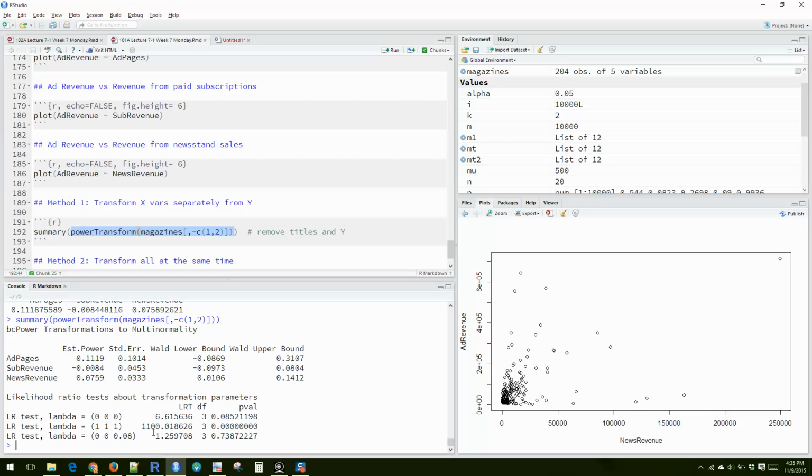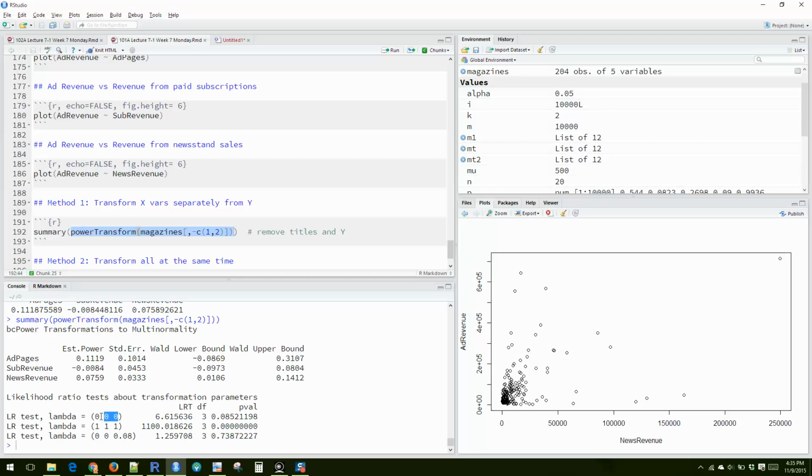If we look at the estimated power in comparison to the standard error, these are pretty much not significantly different from 0, with the exception of newsstand revenue. This one is slightly significantly different from 0. It's more than 2 standard errors away from 0.